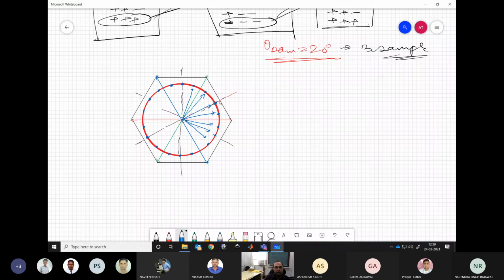So that is why when you keep one sample at the middle of every sector, we will have this symmetry in terms of the sampling. So each sample would be 20 degree away from the other sample, and that will be symmetrically placed in the complete circle.